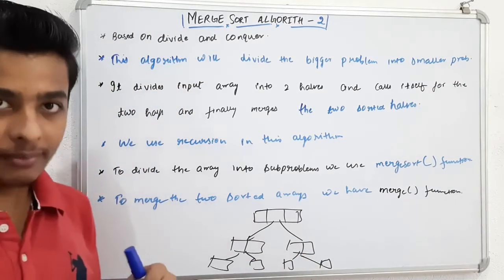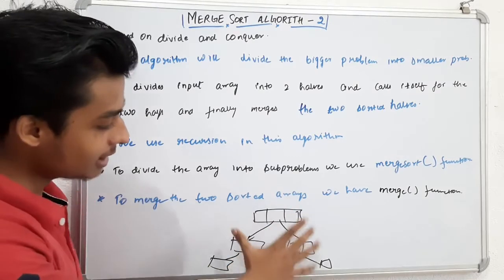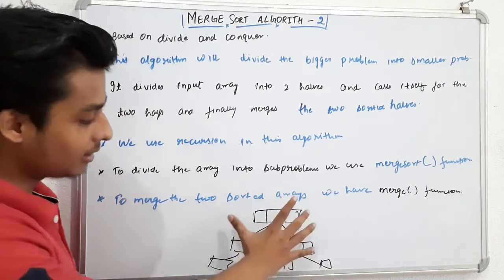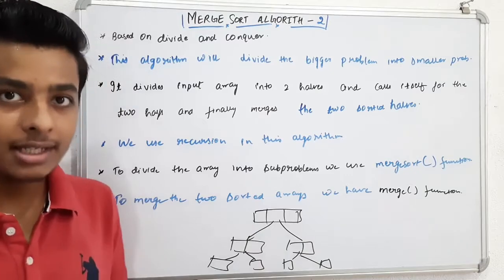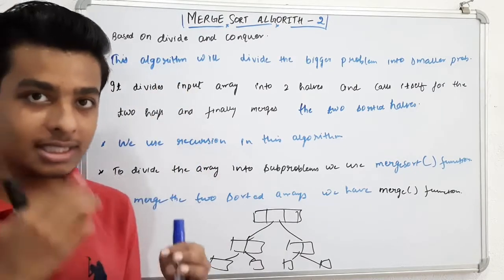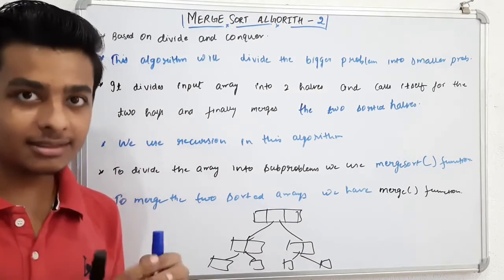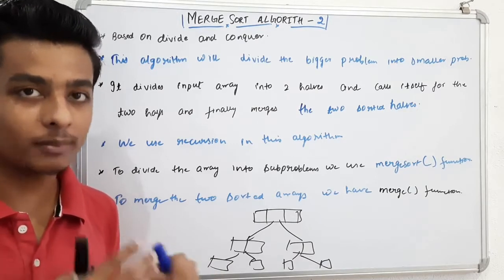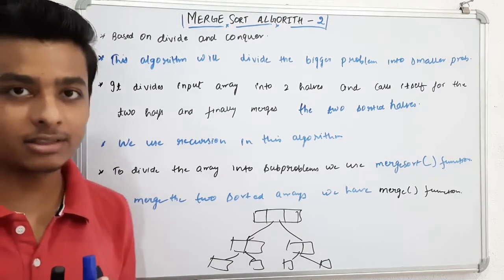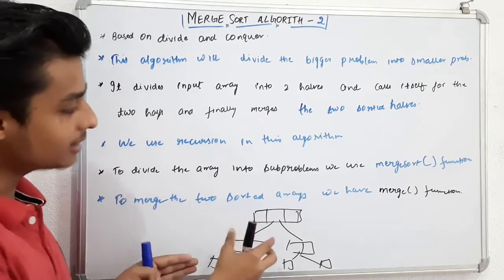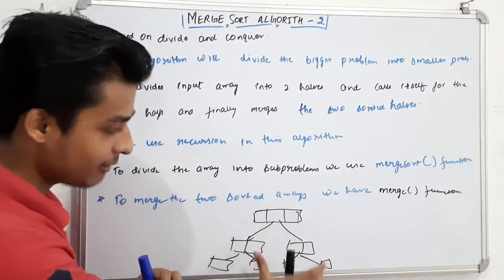As you can see, this is recursion, right? This will be a recursive call. So in dividing we will be using the recursive call. We'll discuss what the base condition to stop the recursion is in the later stages of the video. As of now, just understand that dividing means we are dividing the problem.